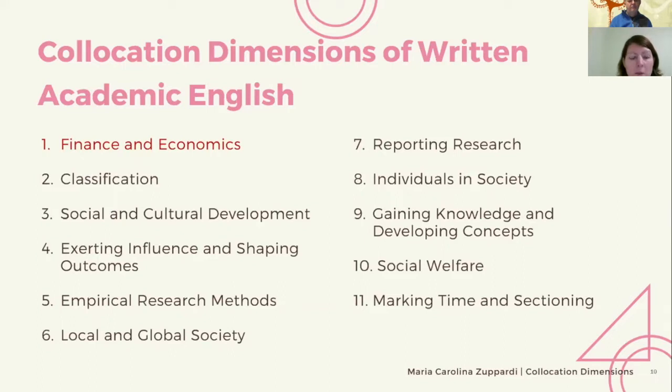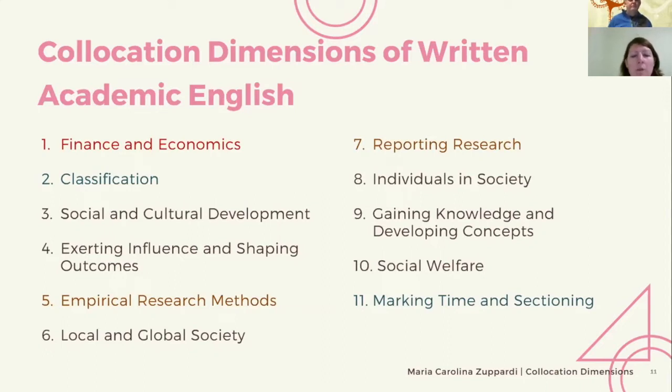And then if you remember, my third question was, can these patterns be interpreted in terms of function? And then we see that if you look at dimension 2 and dimension 11, classification and marking time, they're all about function. Classification is all about categorizing nouns, species nouns.